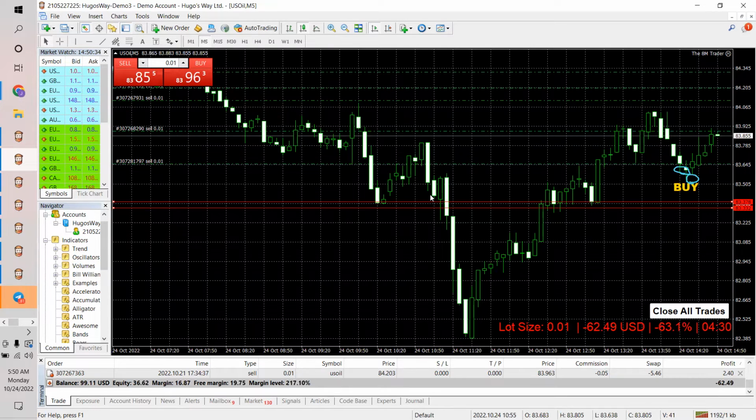And that allowed the account, because we closed those sell trades, it was almost as if we had opened two buy trades. But again, we didn't, because we just decided to close two sell trades instead.